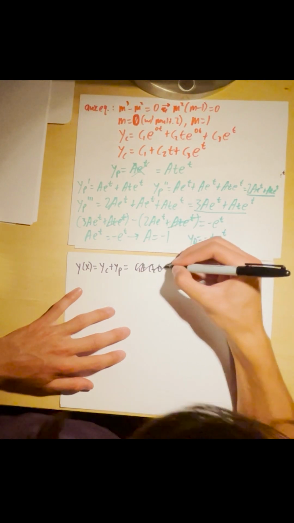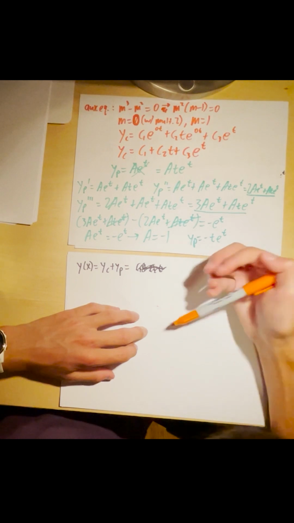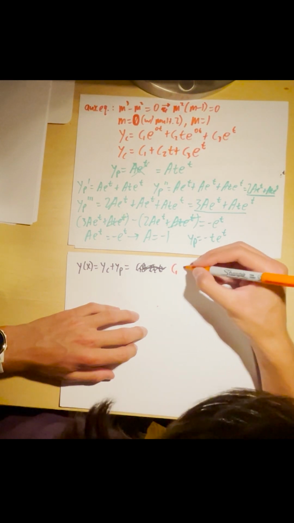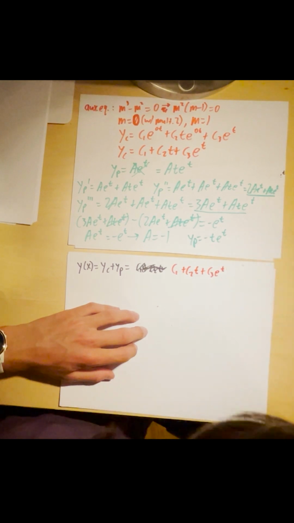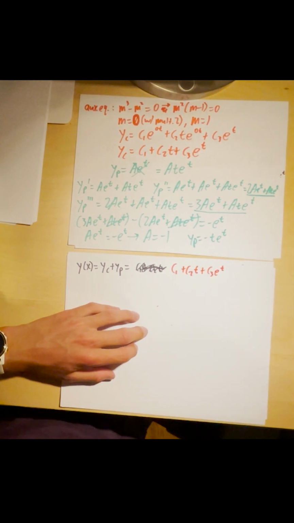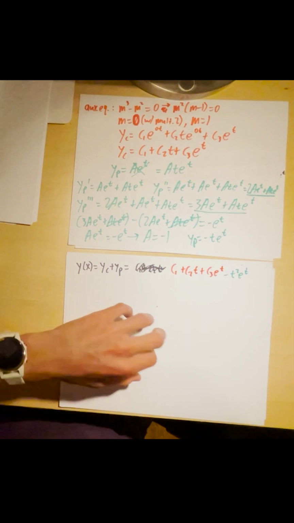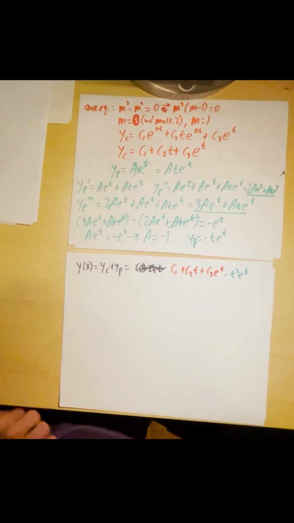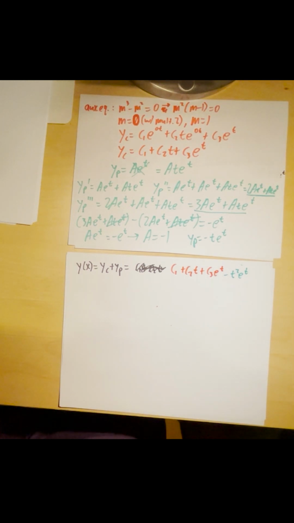Oh shoot, it's colored. Let's get the colors in here. There's our general solution for y. Now we can move on to solving for x.